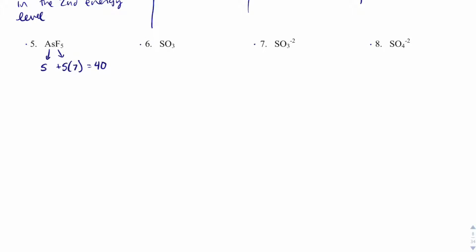So our central element is going to be the atom that can form the most number of bonds, which is typically going to be our unique element. So we'll have arsenic be our central element, and then I'm just going to bond my fluorine atoms around my central arsenic atom. I'm going to give everything 8 valence electrons.